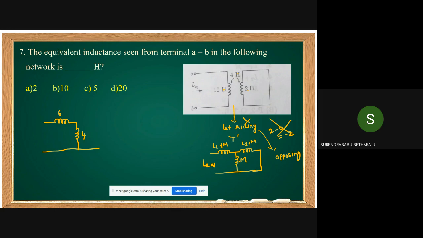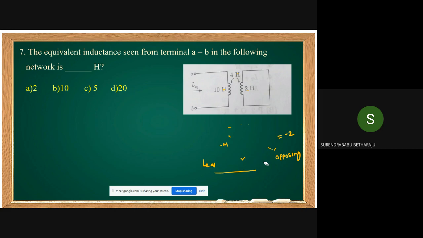Then you take the magnitude. Since polarity is not given and I don't know whether it is aiding or opposing, I will go for one more method. Better to go for this method. I will do the next method. Just a minute.